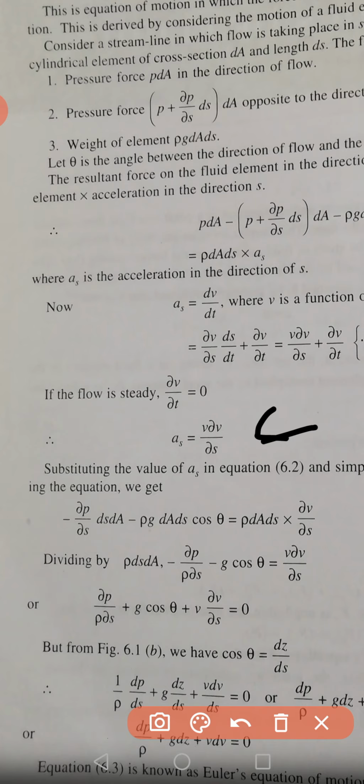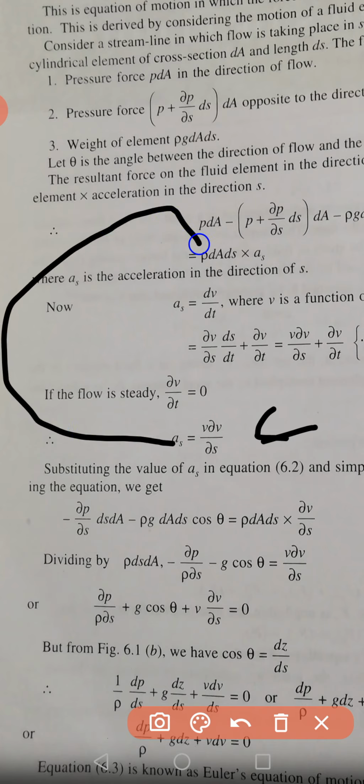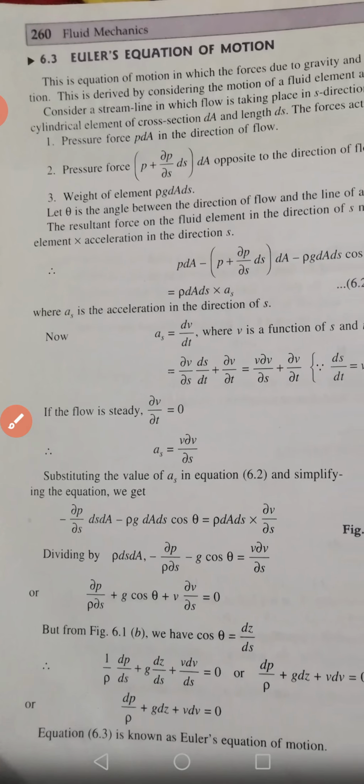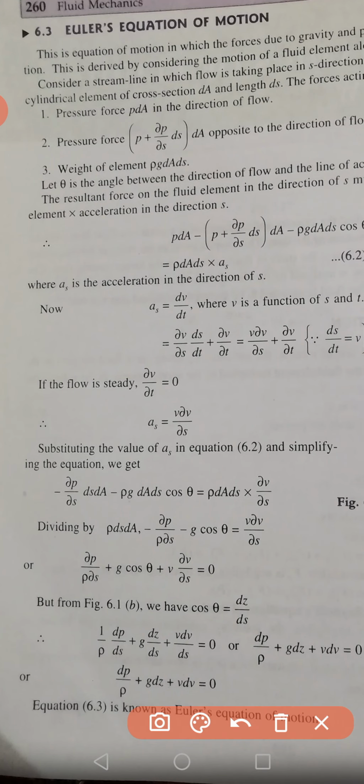We'll substitute this value of acceleration in equation 6.2 and we will get minus del p upon del s ds dA minus rho g dA ds cos theta equals rho dA ds into v dv upon ds.